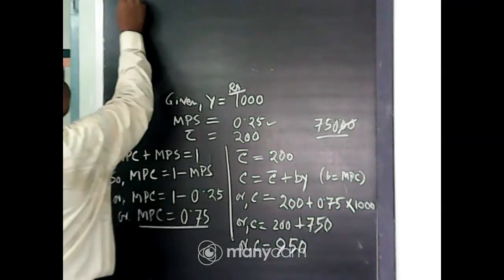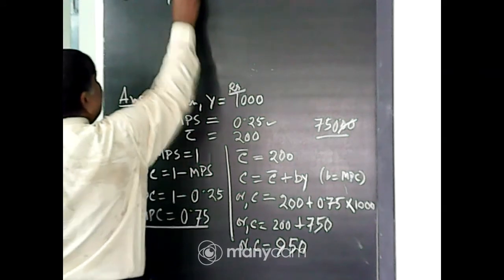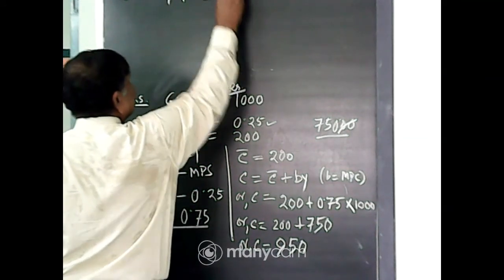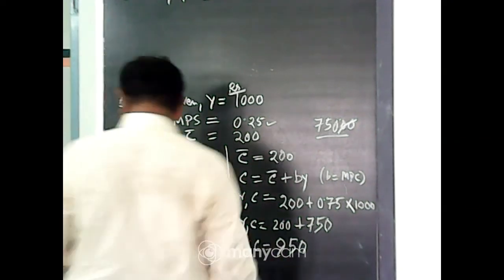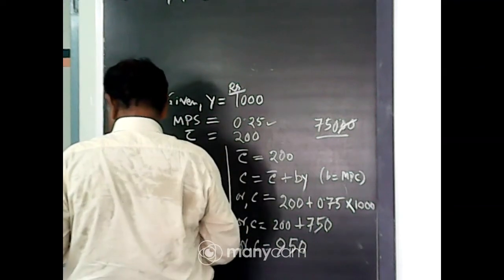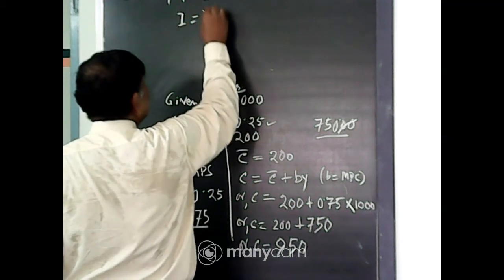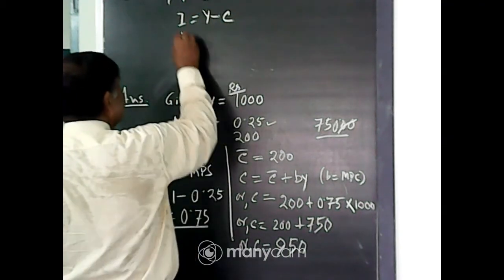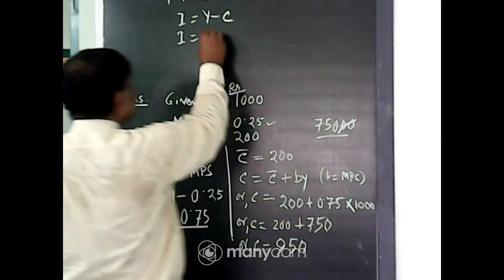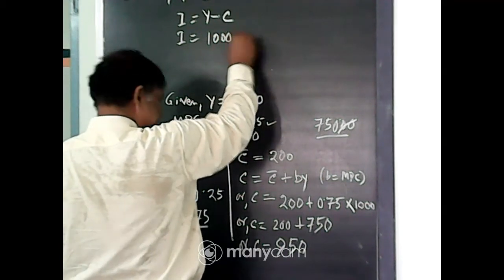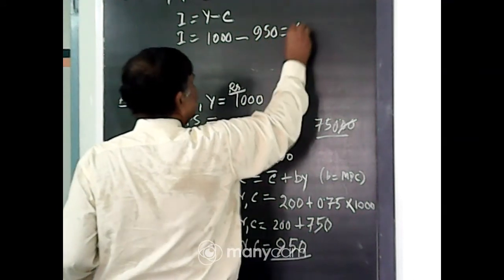Now we know that Y is equal to C plus I. Then C is equal to 950, and I is equal to Y minus C. I is equal to Y value given 1000 and C 950, then it is equal to only 50.